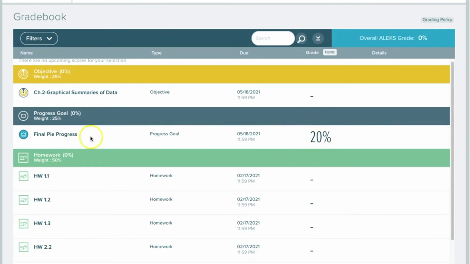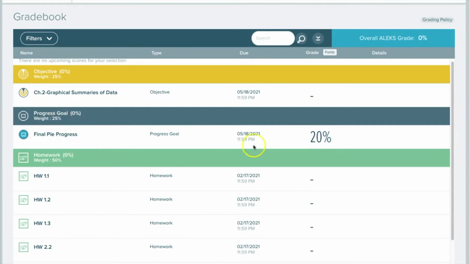It's called final pi because it's due on the final exam day. I set the goal at 85% of the topics. If you get to 85% of the topics, you will effectively have 100% in this category, which is a quarter of your homework grade.